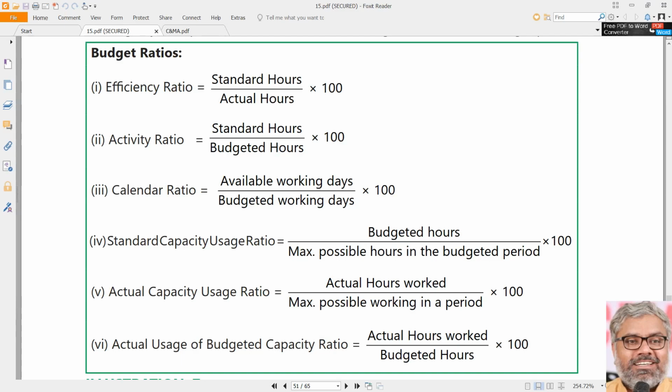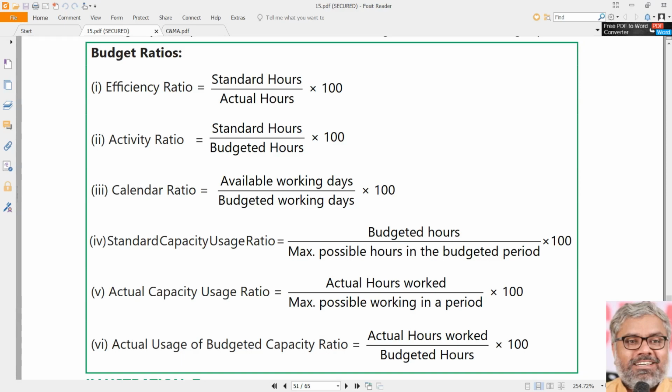But mostly we consider production as our case in most of the chapters in this costing paper. So that is the efficiency ratio: standard hours required for actual output divided by actual hours. The lower the number of actual hours taken, the better the efficiency.